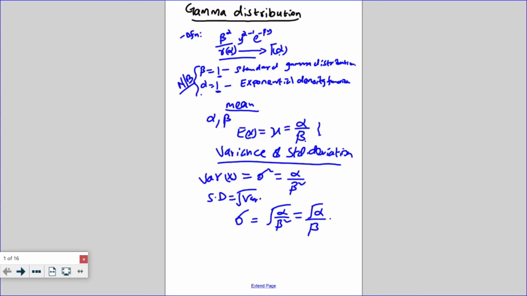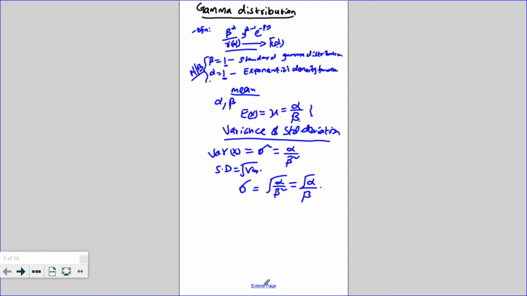Now before that, we should also know about something we call a chi-square. It is so important to know this.